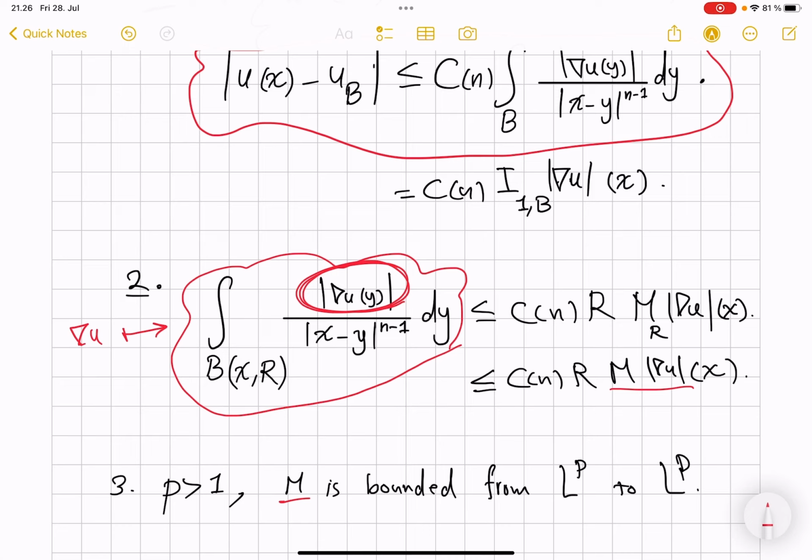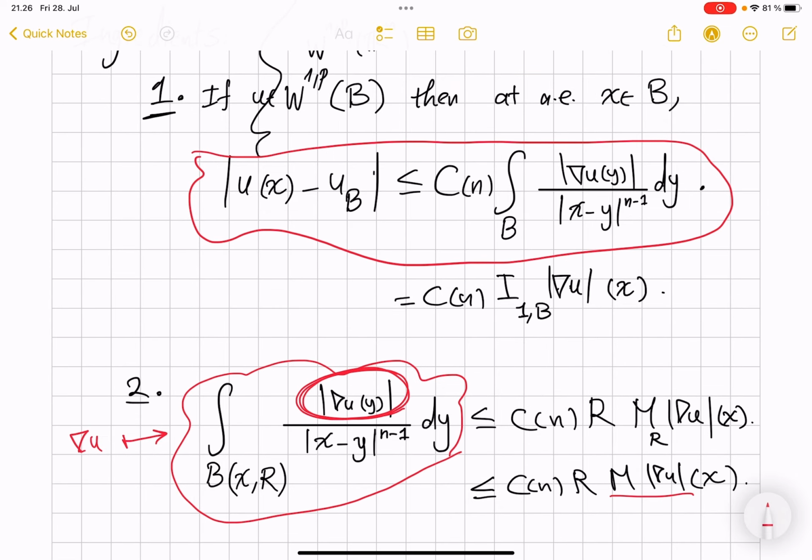So points 2 and 3 say that we are quite happy with dealing with such an object on the right hand side.